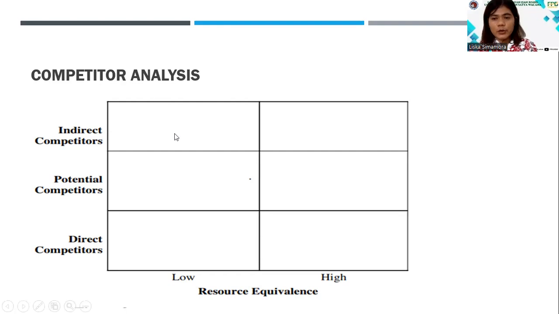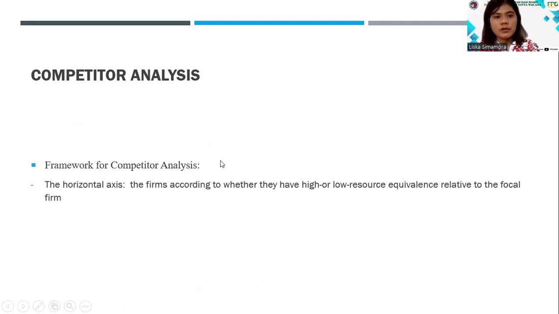So you have to be able to put your competitor in this box. So you have to identify the resource equivalence, and also whether they are your direct competitors, potential competitors, or indirect competitors. This is the competitor analysis framework. This is the explanation of the chart, the graph.